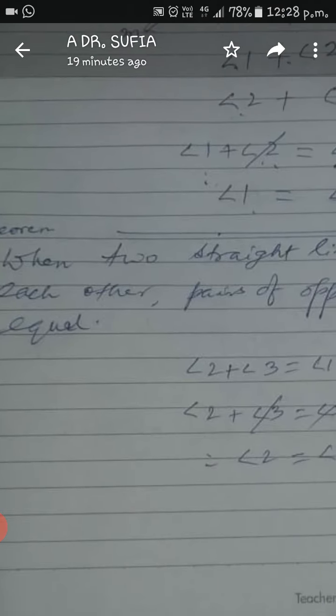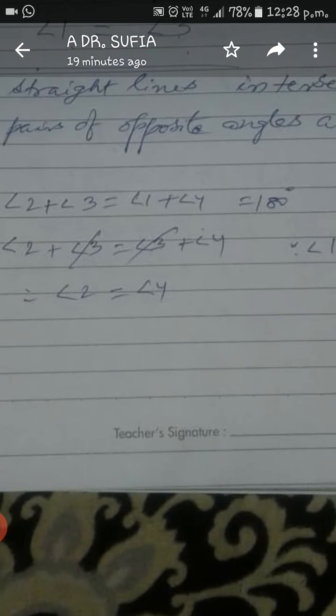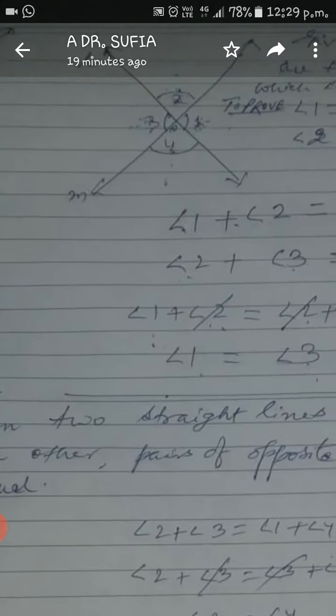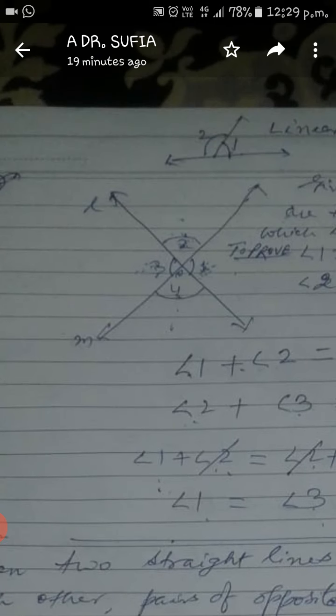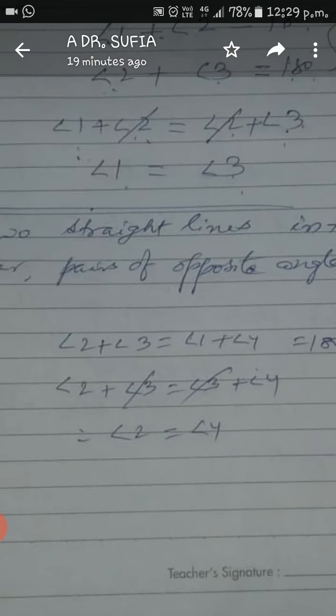So similarly, angle 2 plus angle 3 is equal to angle 3 plus angle 4, which is equal to 180 degrees. You see in the figure, 2 plus 3 is equal to 180, 3 plus 4 is 180. So angle 1 plus angle 2 is equal to angle 1 plus angle 4.